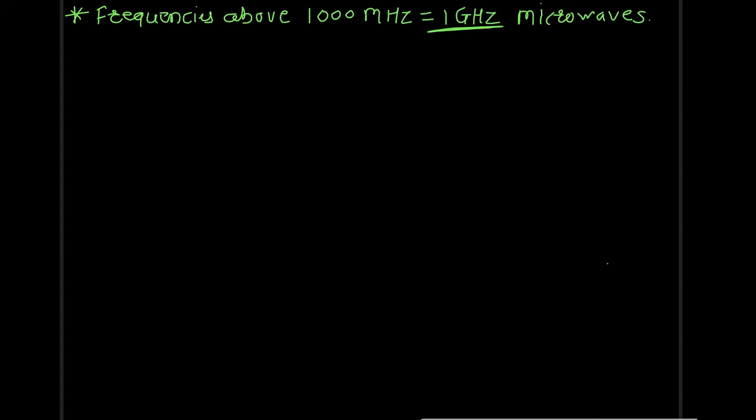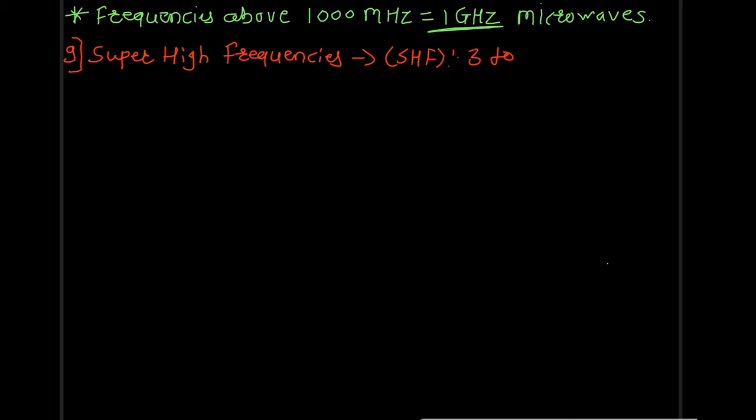Next frequency range is super high frequencies. This frequency range runs from 3 to 30 gigahertz.